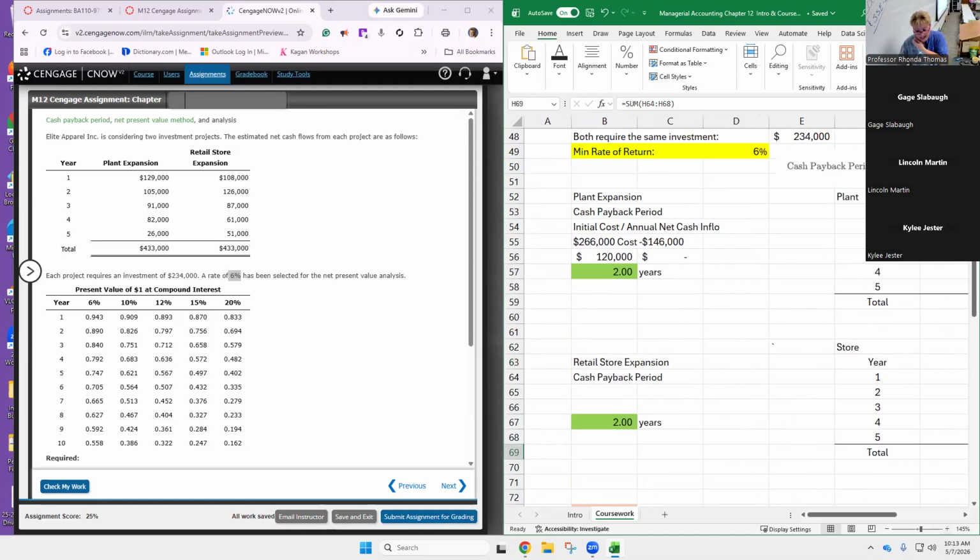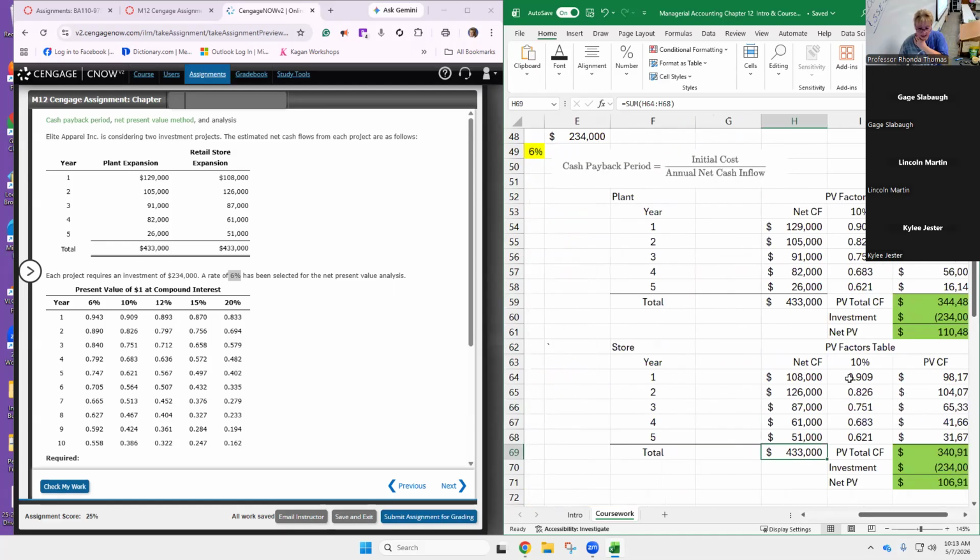Okay, because these are not the same. These are not the same amounts of cash flow. You really can't put that in there. If these were the same, then we could put our divisor or our denominator in as that amount, but they're different.